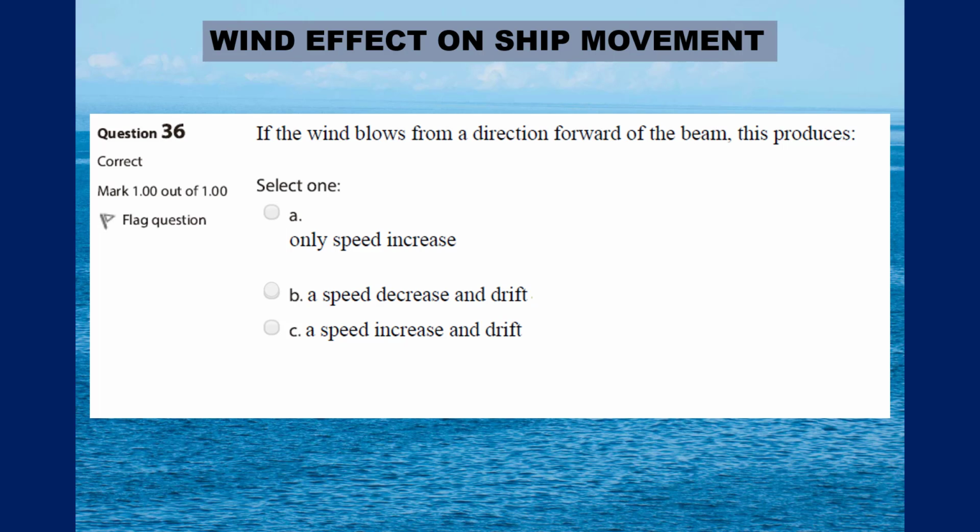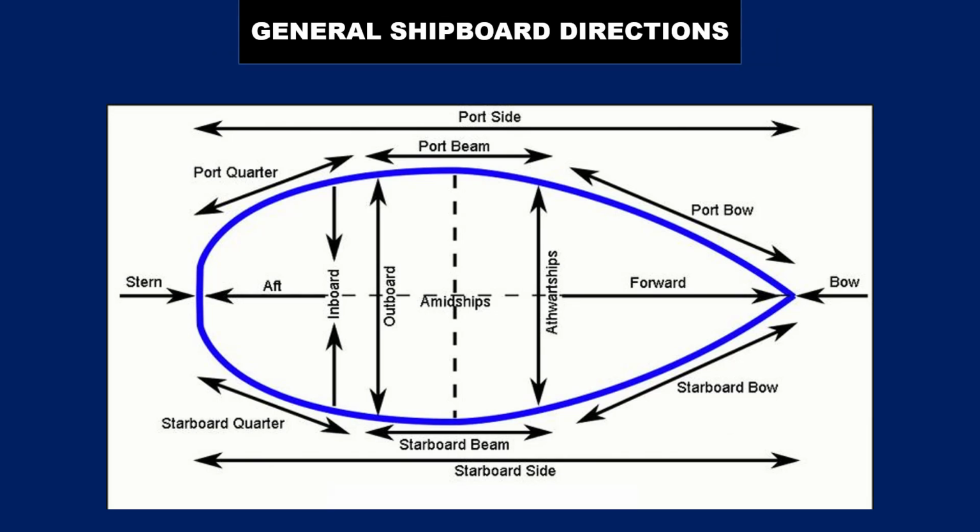Such kind of question, what you need to know is to know the general shipboard directions. The bow, the stern, port side, starboard side, port bow, starboard bow, port quarter, starboard quarter, starboard beam, port beam, forward, aft, amidship.